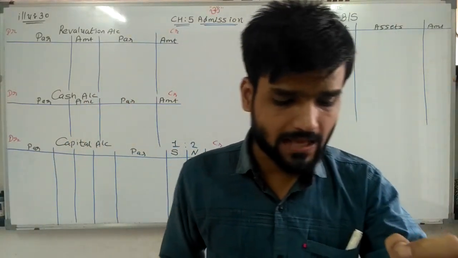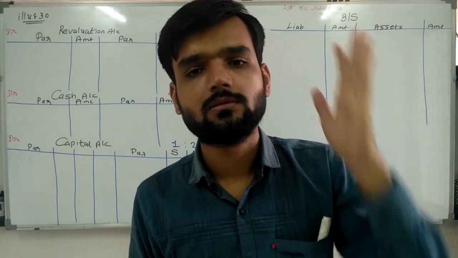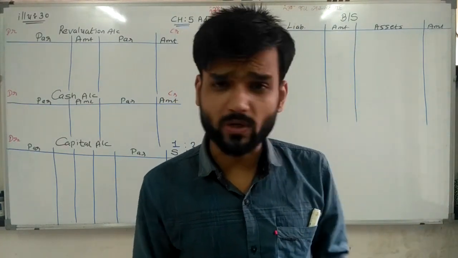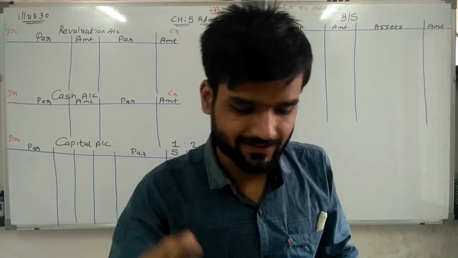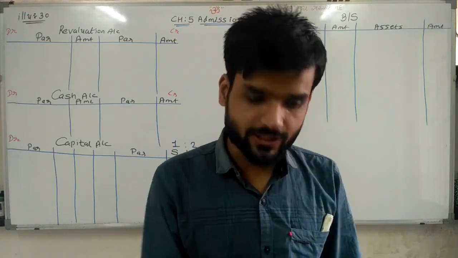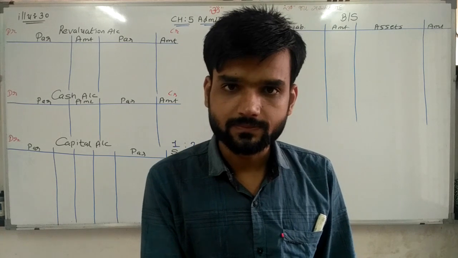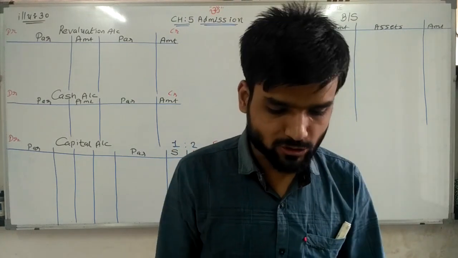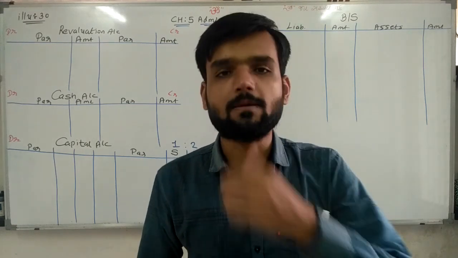Balance sheet of their firm as on 31/3/16 was as under. So the balance sheet is also given, but we are not worried about the balance sheet. Going ahead. They admitted Vijay as a new partner as on the above date for the following terms.